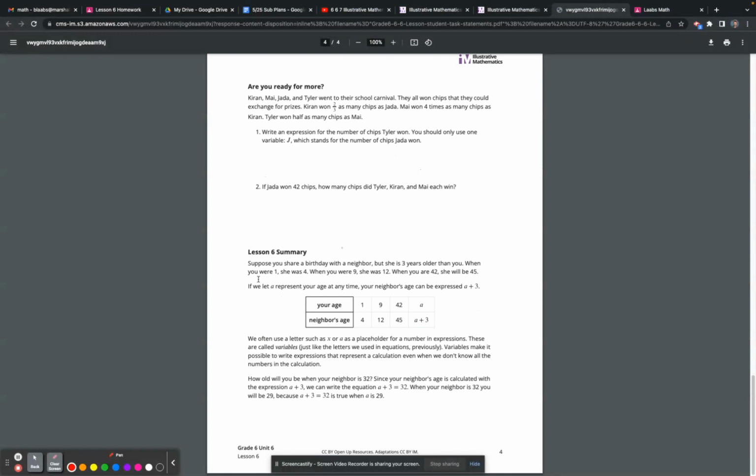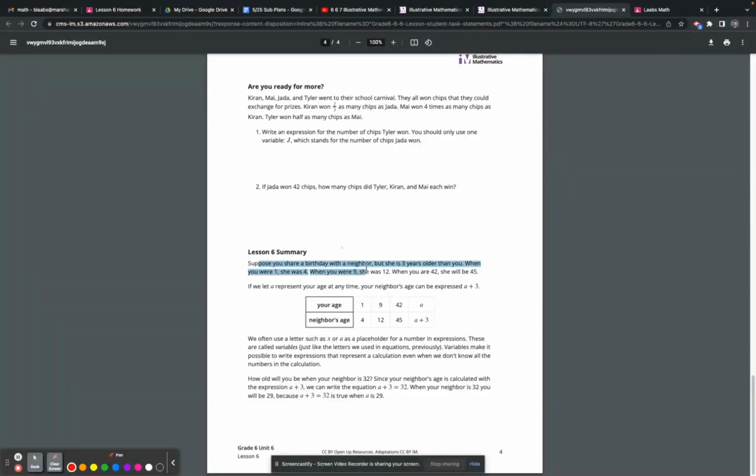These lesson summaries are really good because they kind of show you what that lesson summarizes, that entire lesson, into one. So here's another situation about an age. Let A represent your age at any time. Your neighbor's age can be represented as A plus 3. So that tells you your neighbor is 3 years older than you. And that's what it says right here.